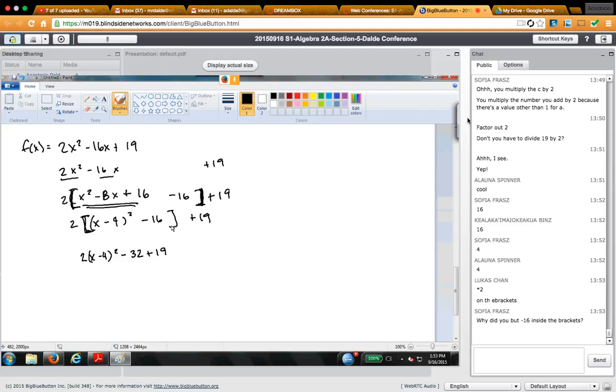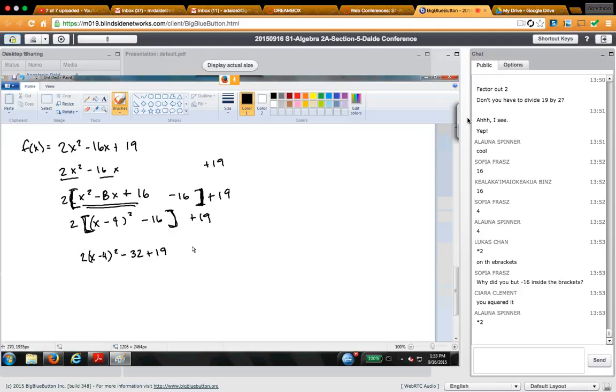So I need to distribute this 2 into everything inside of that bracket. This is one of the things inside the bracket. This is another thing in the bracket. So I multiplied this by 2 right there. Then I multiplied the 16 by 2 to get the negative 32. That got rid of my bracket. You understand? Does everyone online understand?